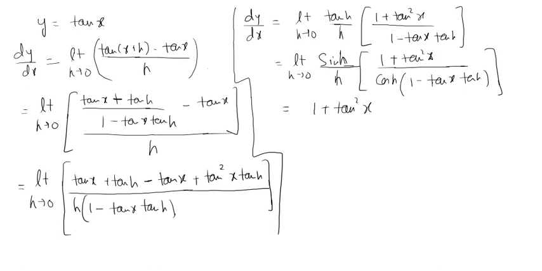So dy by dx is equal to sec square x. So if you have any doubt in this, please ask.